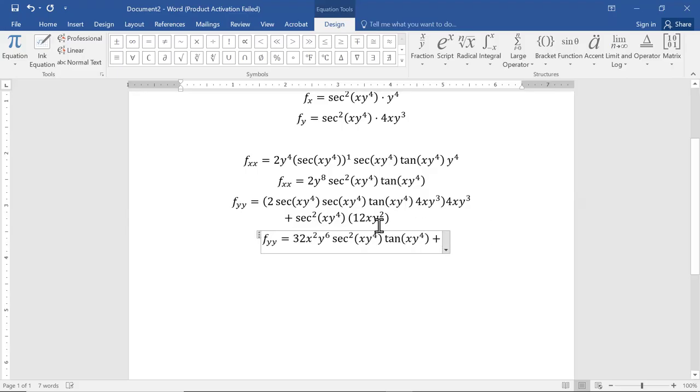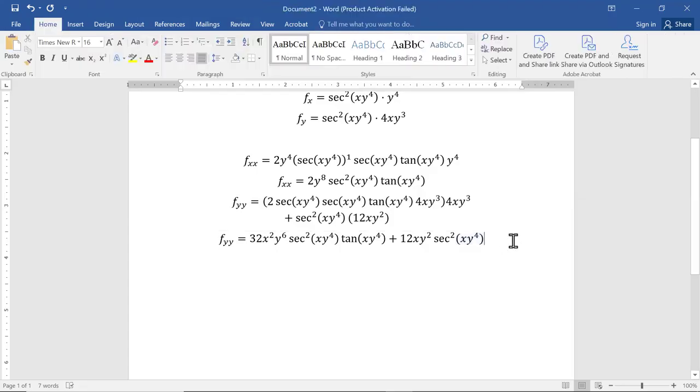And then plus the other part, which was secant squared times 12xy squared. I'll put the 12xy squared up front, multiply that times secant squared of xy to the fourth. You can see what's happening, and what we're trying to show is that sometimes these things, especially in the second derivatives, can get pretty messy.